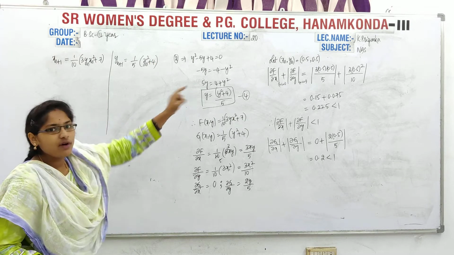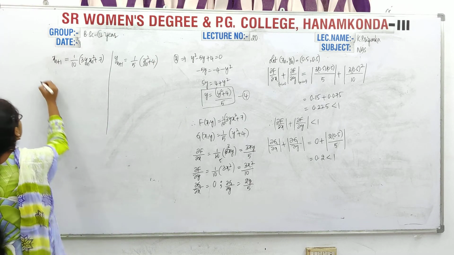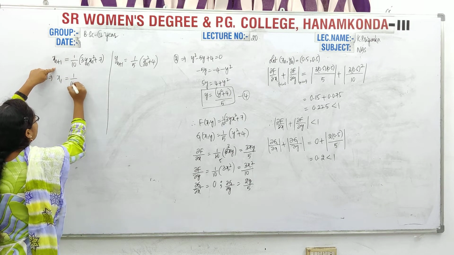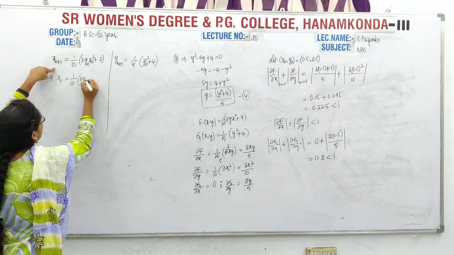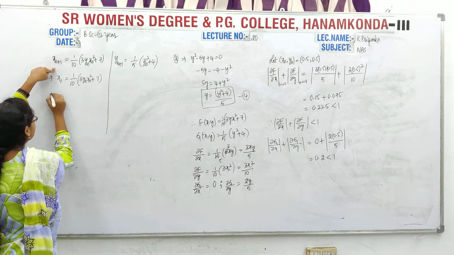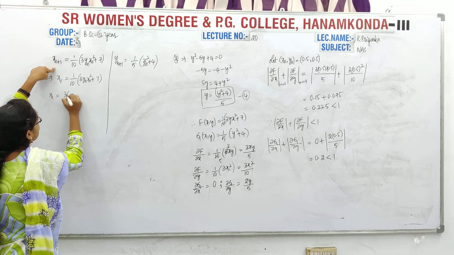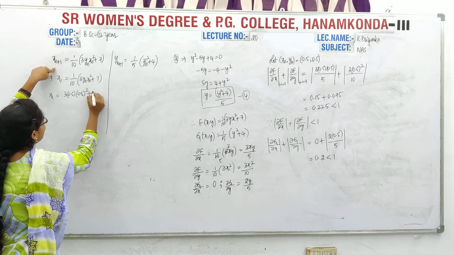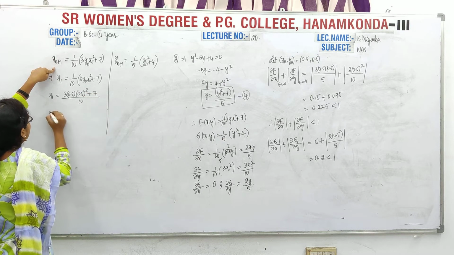We already have x naught. For n equal to 0, x1 equals 1 by 10 of 3y0 x0 square plus 7. Then x1 equals 3 into 0.5 into 0.5 whole square plus 7, by 10. Now calculate it.